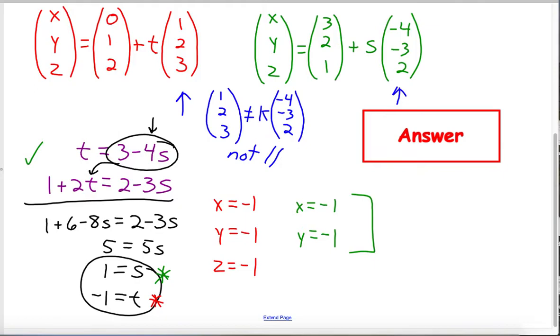But the real test comes in with z, and do we get the same z value? So let's see, if I plug in 1 for s, I'm going to get z equals 1 plus 2s. I get 3. So those are not equal, so that tells me that there is no solution, so these lines do not intersect.